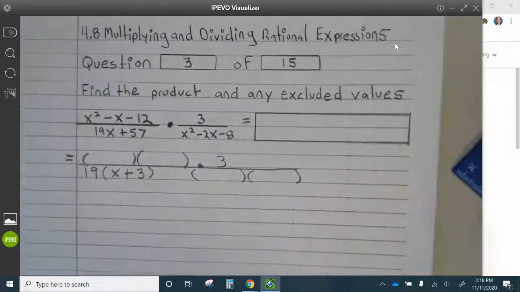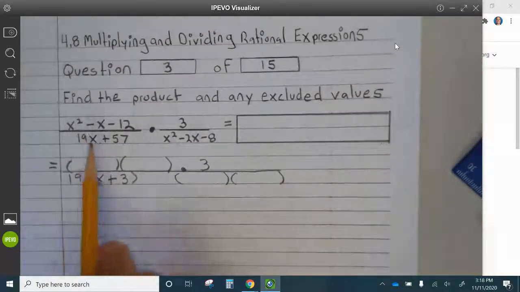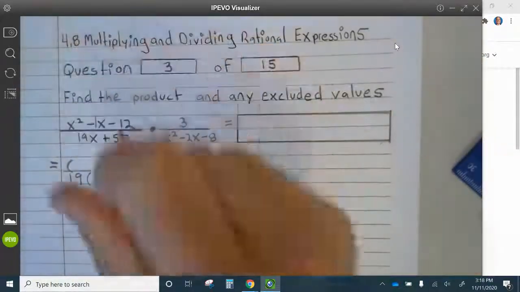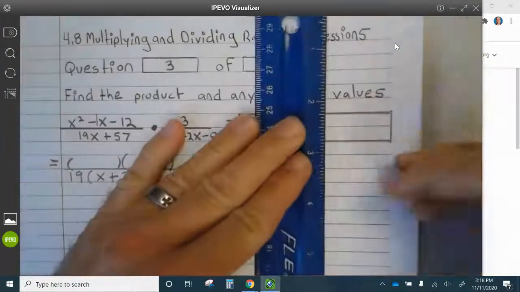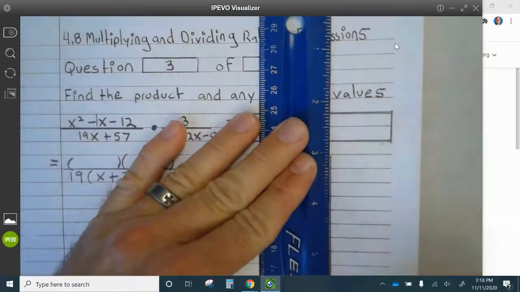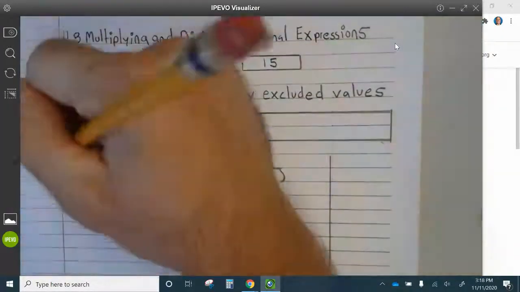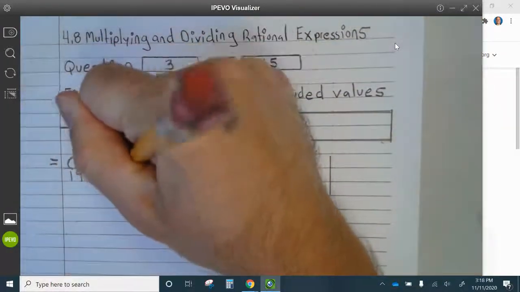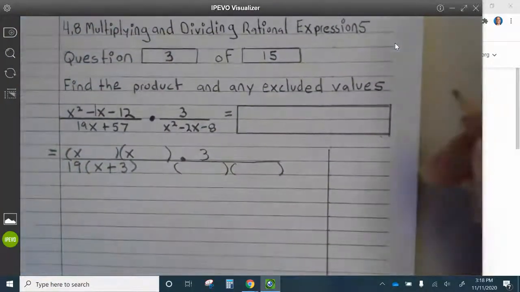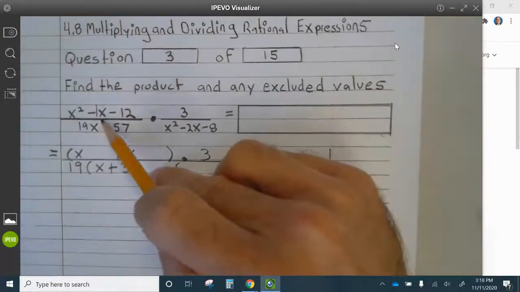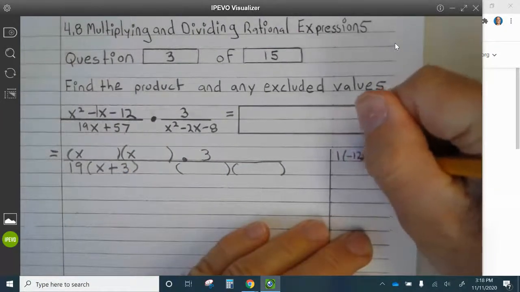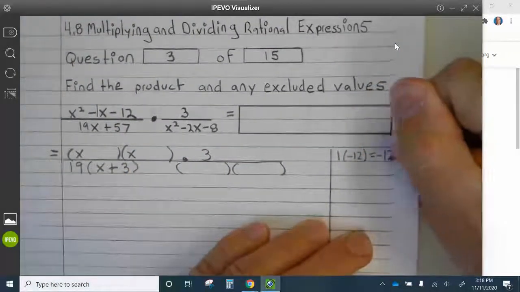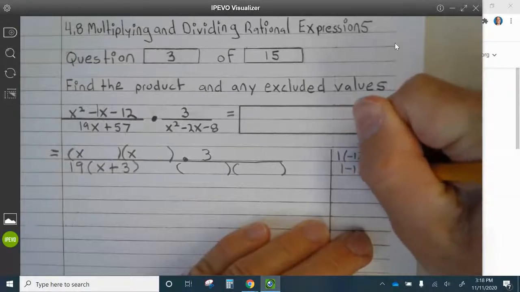All right, so now let's factor this. We need to find out what two numbers multiply to give you negative 12 and combine to be negative 1. Before we do that, we know that x times x is x squared. Since the middle number is negative, the bigger number has to be negative. So 1 times negative 12 is negative 12. 1 minus 12 is negative 11.